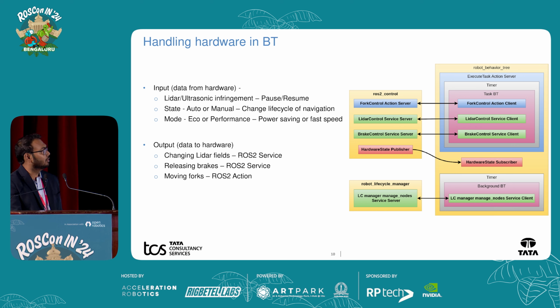And for example, if you have eco and performance modes, you want to change the motor parameters based on that to enable power saving or fast speed performance. Then based on the task, you also want to control the LiDAR field, apply or release the brake, and move the fork up and down. For that, it's better to use ROS2 services and actions.